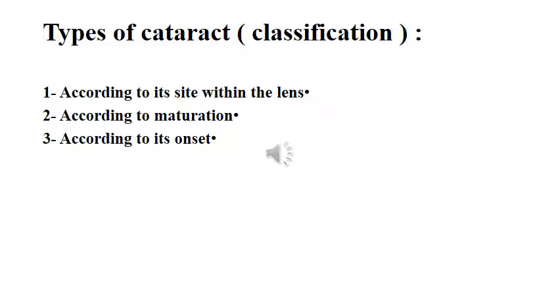As we saw in the previous cross-sectional image of the crystalline lens, we divide it into cortical, nuclear region and capsular region. So that's what we mean by according to its site within the lens. What about the maturation? The density of the opacity. According to its onset, it's either acquired or congenital.